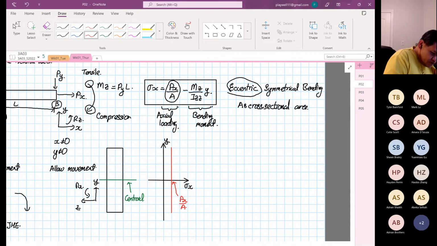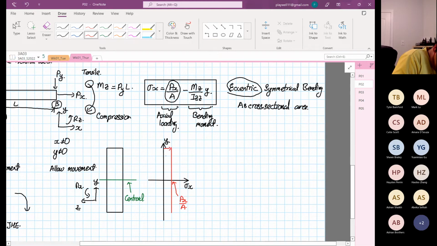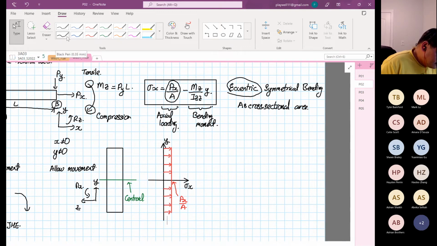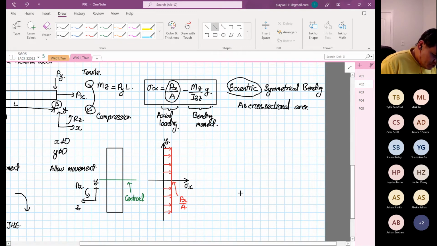So this is how the stress is distributed due to the axial load. Okay, and then I'm going to sketch the next one.